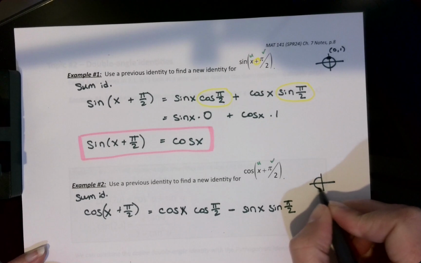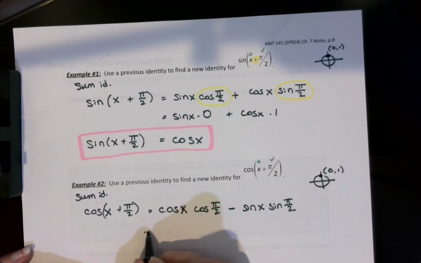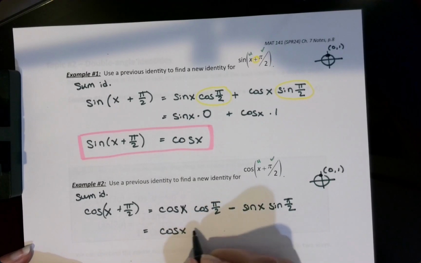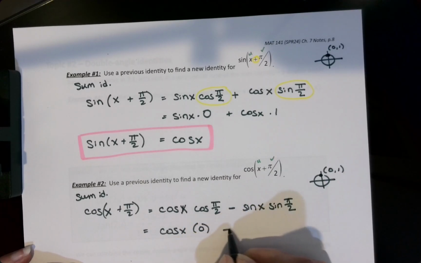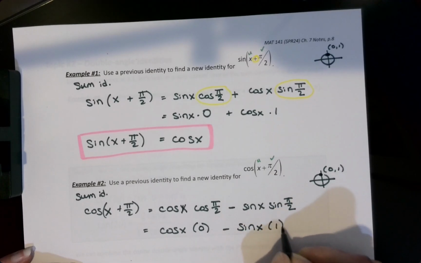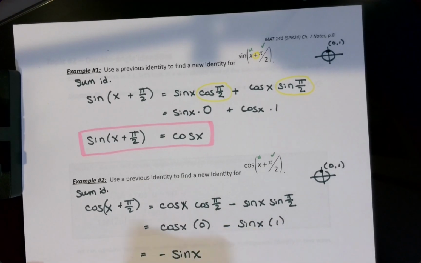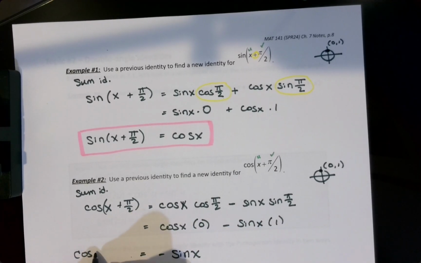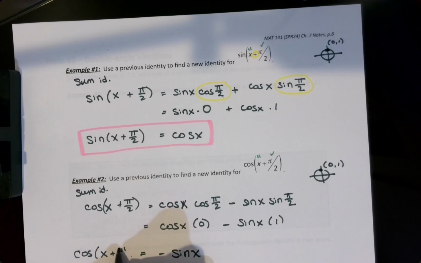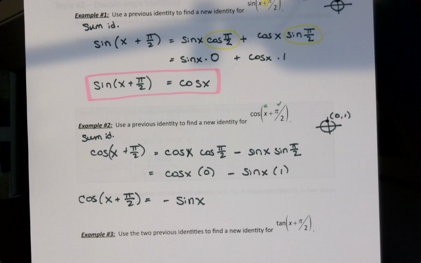We're still looking at that angle pi halves here, whose ordered pair is 0, 1. So we've got cosine of x times cosine of pi halves, which is 0, minus sine of x times sine of pi halves, which is 1. So it's equal to the negative sine of x. So cosine of x plus pi halves equals the negative sine of x.